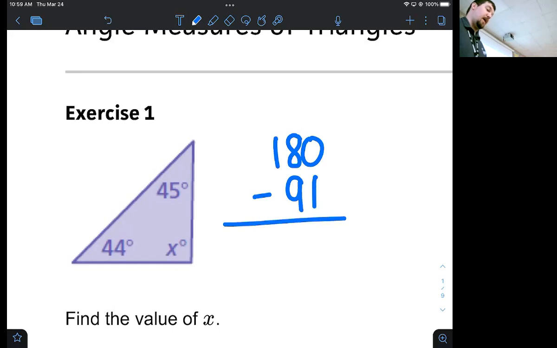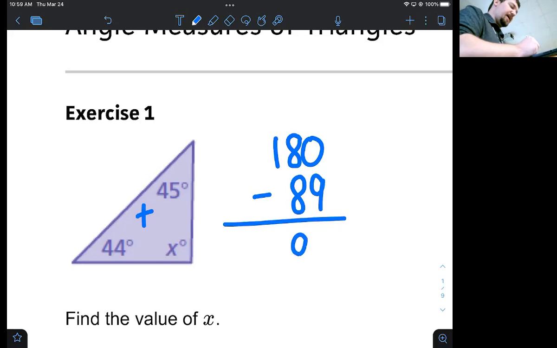Actually, not 91. Oh, it's 89. 9 and 5. Yeah, it should be 89. So double check the math there. We're adding the two angles we do have together. 45 and 44 should make 89. When you subtract 89 from 180, what's left? 91. That's where the 91 comes in.